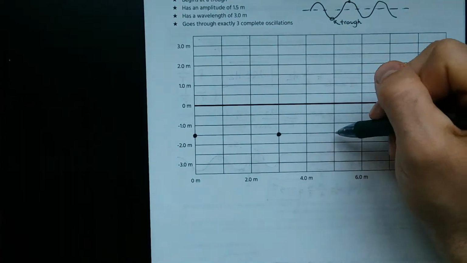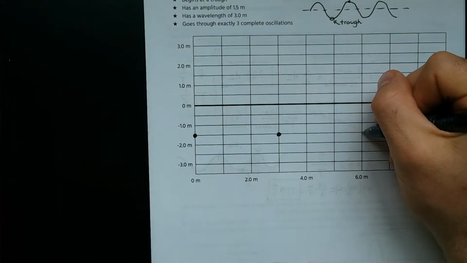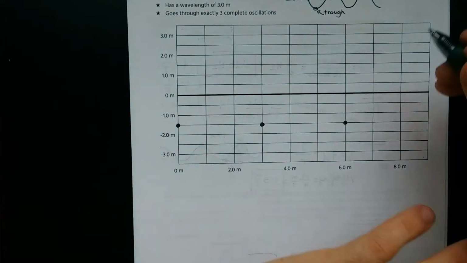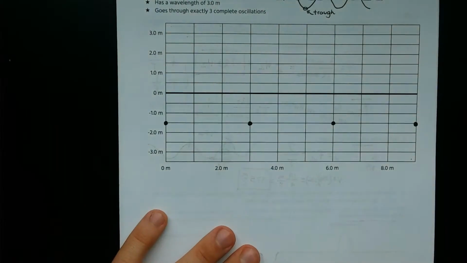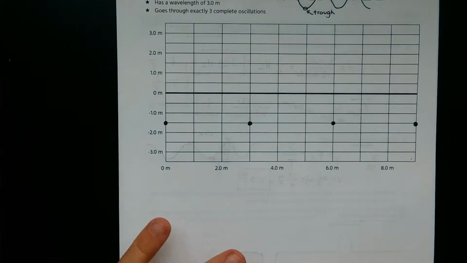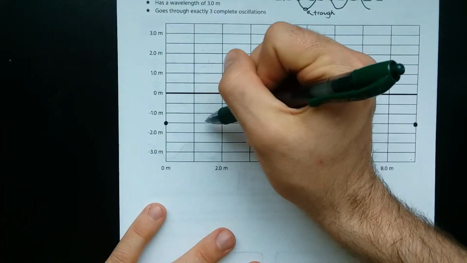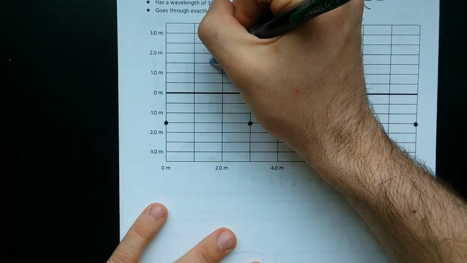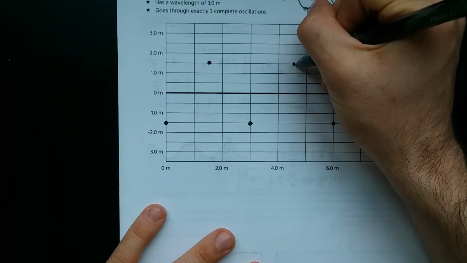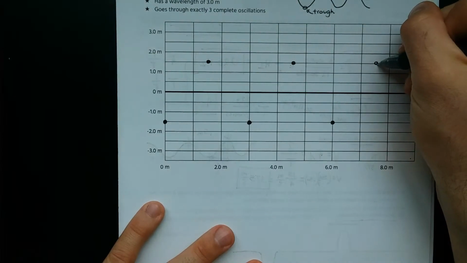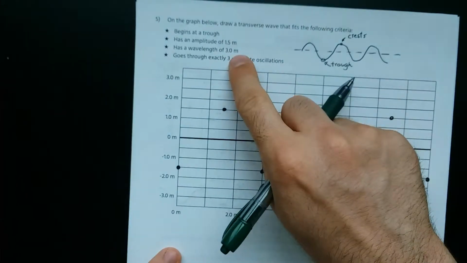And then 3 meters after that is my next one, and 3 meters after that is my next one. All of those have to be troughs. And in between them have to be crests. They're going to be up here at still 1.5 meters away from equilibrium, because my amplitude still has to be 1.5.